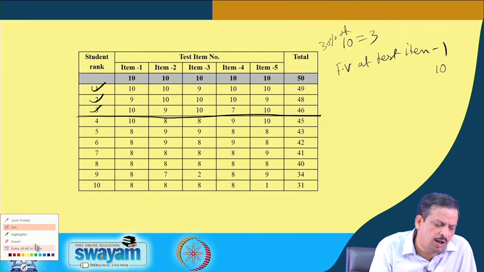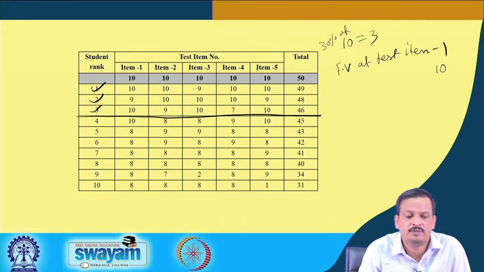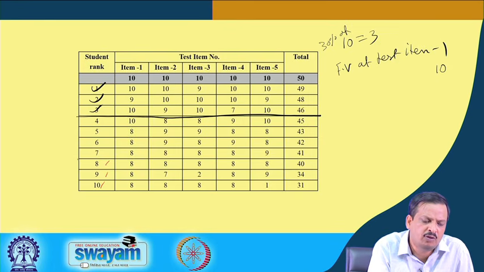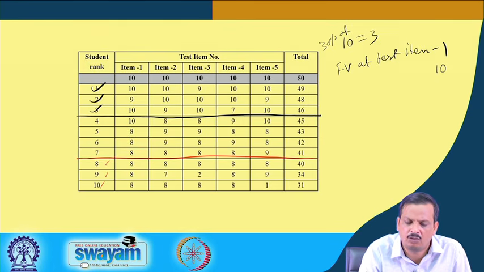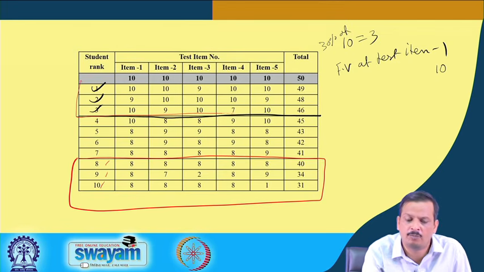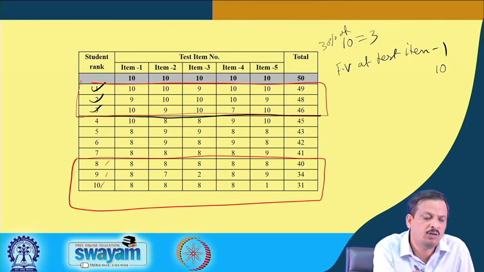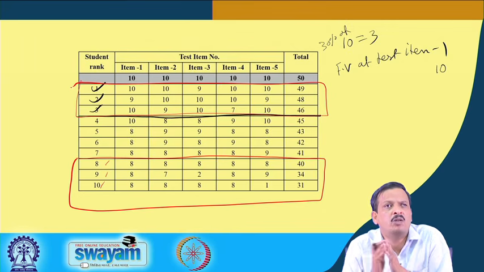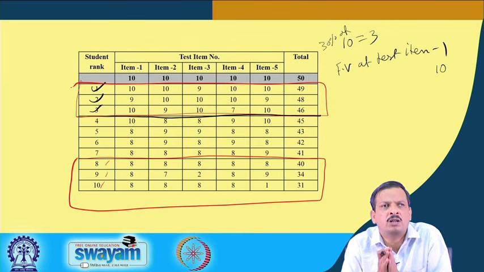Then what is the lower group? From the last 3 students, 1, 2, 3. So, these students consist of lower group students. So, this is upper group, this is lower group. Okay, I have done. Now, what is the facilitation value?